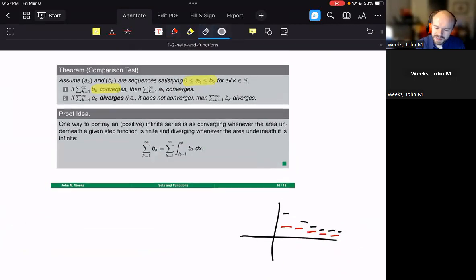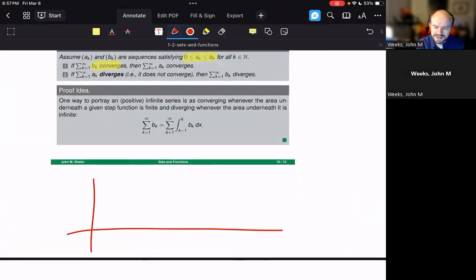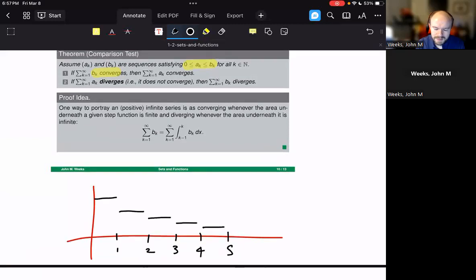So notice here that I'm using a little bit of a picture, and that's exactly what this proof idea is, which is that I'm thinking of these sequences or these series as functions in their own right. Think stepwise functions here. Maybe this is 1, this is 2, this is 3, this is 4, this is 5, and so on and so forth. So maybe this is of height 1, this is height 1/4, this is height 1/9, this is height 1/16. And if those are the heights of each of these, then to find the area underneath the curve of this function, I'm just taking 1 times the y value, and 1 times the y value, and 1 times the y value.